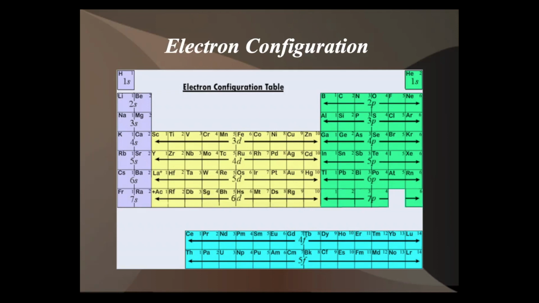You just go row by row. 3s2, 3p6, 4s2, 3d10, 4p6. You just keep on going row by row. 5s2, 4d10. Then you get to indium, which would be 5p1. So you would write down all of that to show how the electrons build to make up that element. You don't have to memorize it because it's on your periodic table for you. You just go row by row and write down all the orbitals you see.